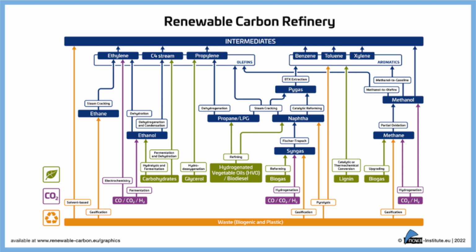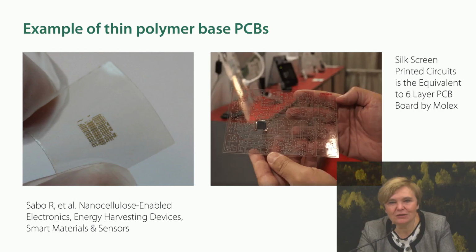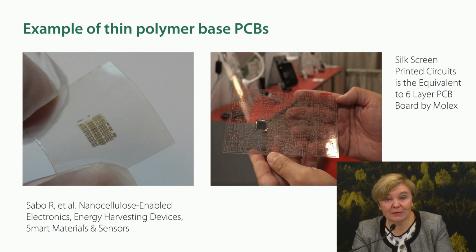A lot of research is going on in all those three renewable carbon source valorizations, and I believe that in future we will have many more materials and sources to choose from than we have at the moment. So here you see a few examples which could be used for the production of PCBs.